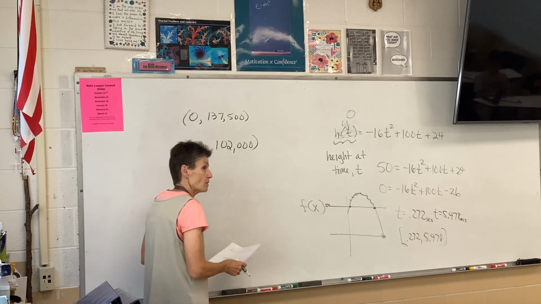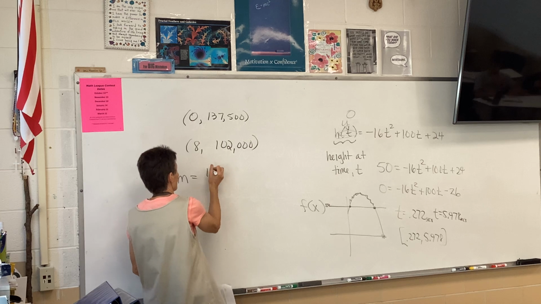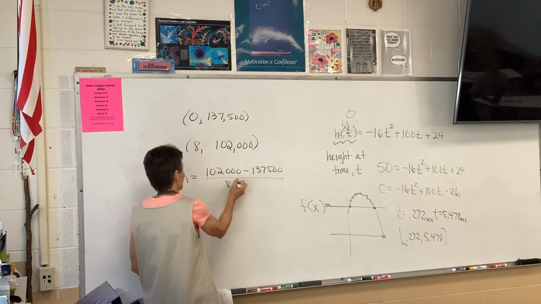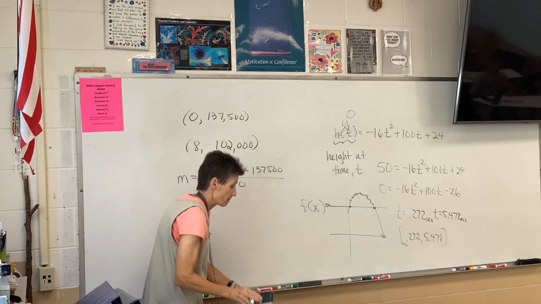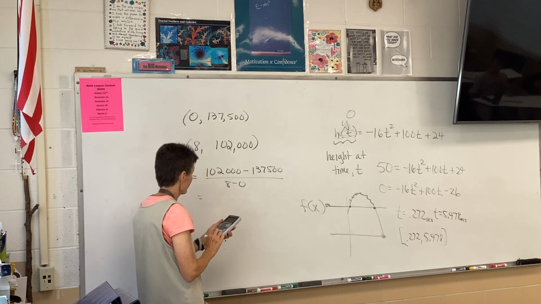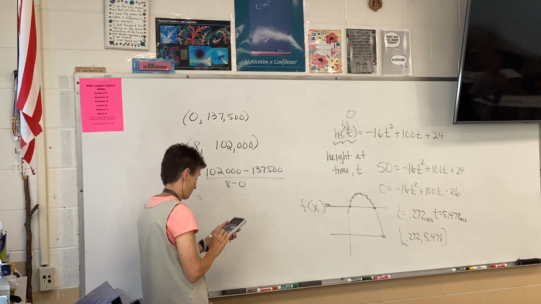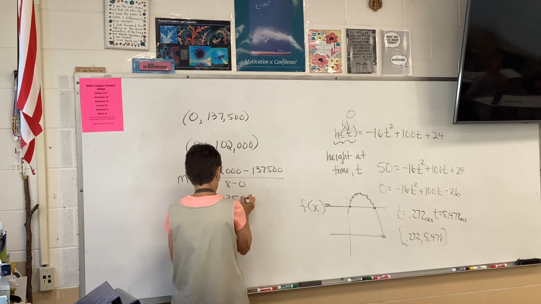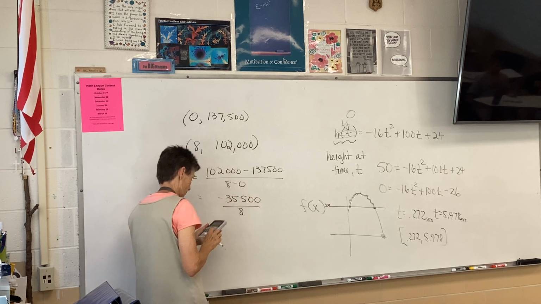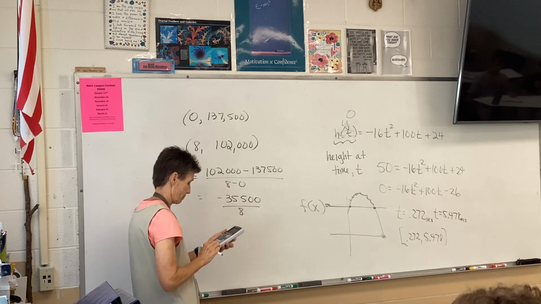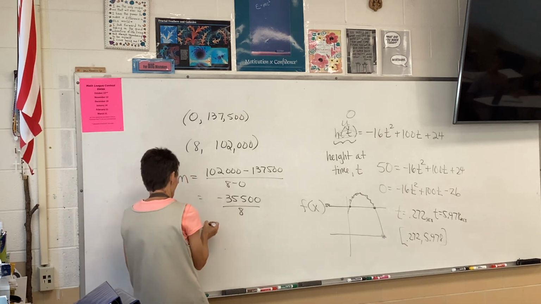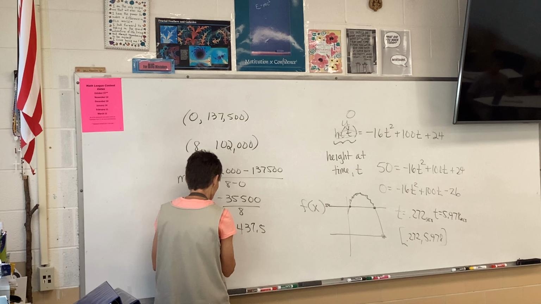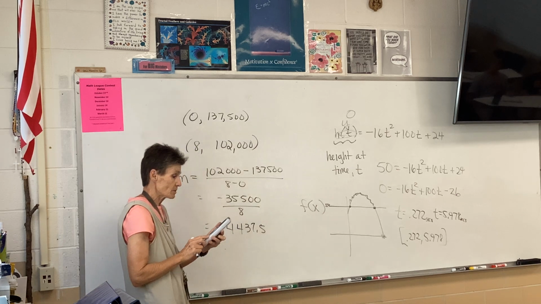All right, let's write the equation of the line. So the first thing we'll do is find the slope. Get that for the slope.